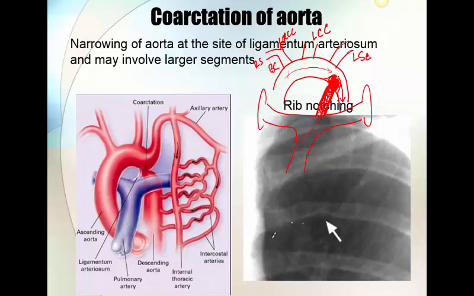There are other theories, but whatever the theory is, this coarctation or area of narrowing can occur after this ductus arteriosus. So it occurs somewhere here. So these 3 escape the narrowing. This kind of coarctation is called post-ductal coarctation, and is the more common variety. You may have a condition where this occurs somewhere here.